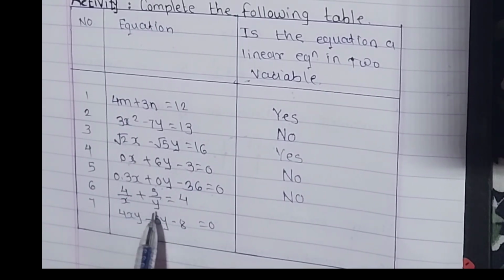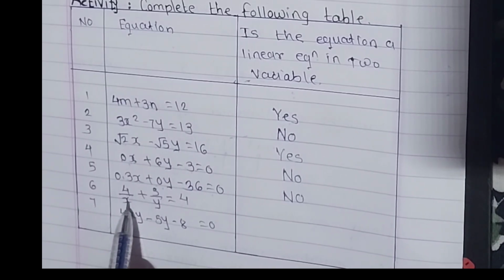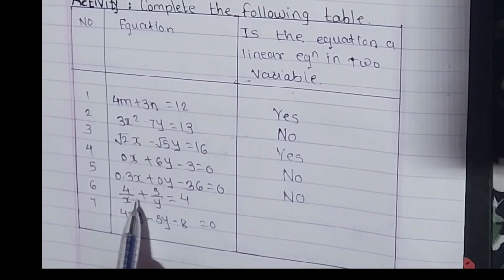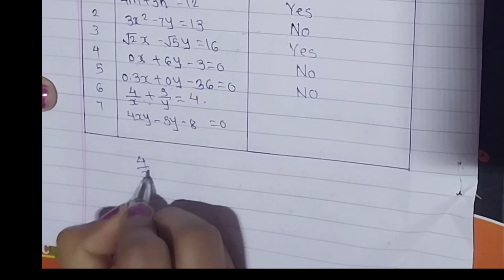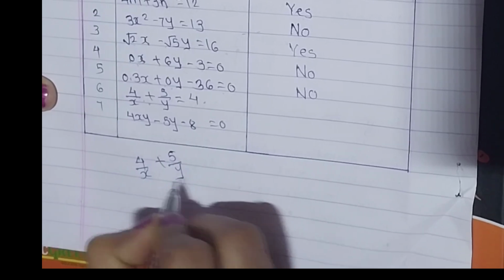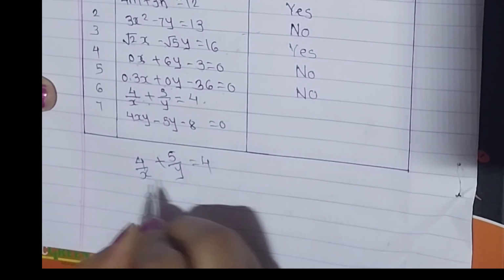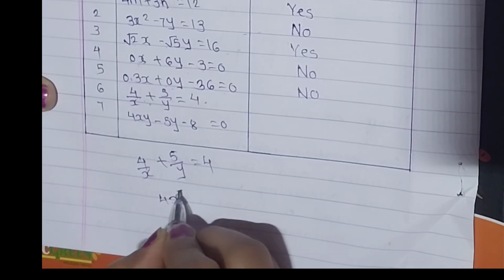Now in the next example, here 4 by x plus 5 by y equal to 4. Here the variables are in the denominator.